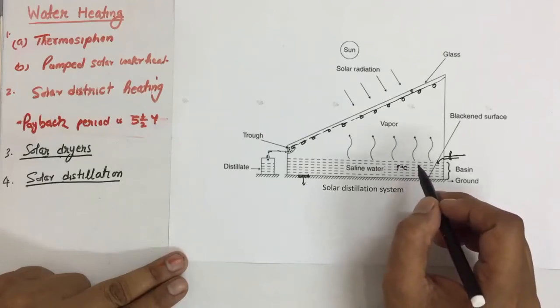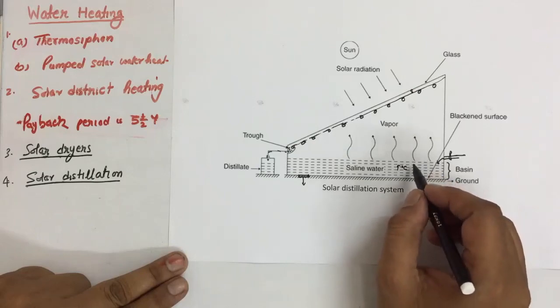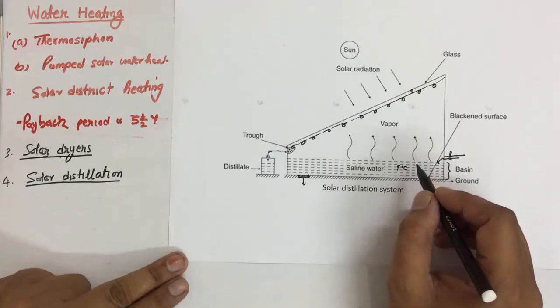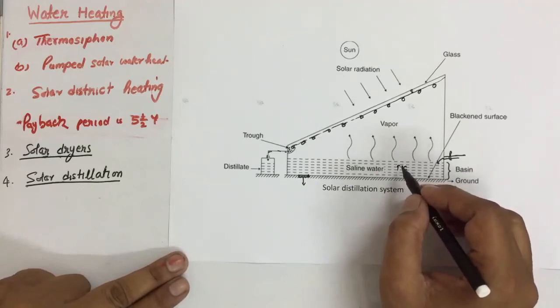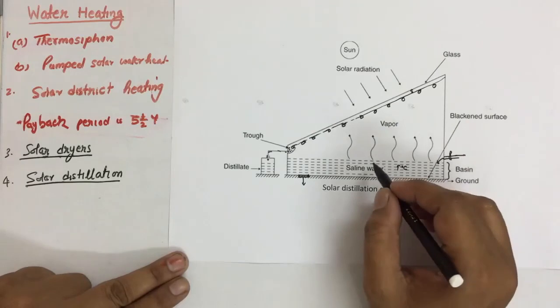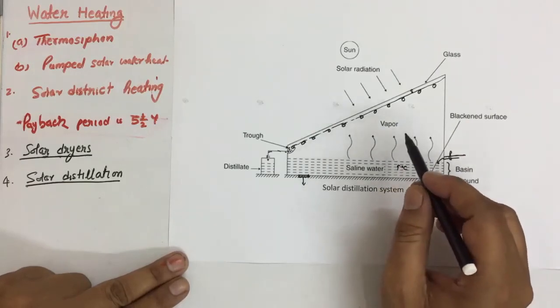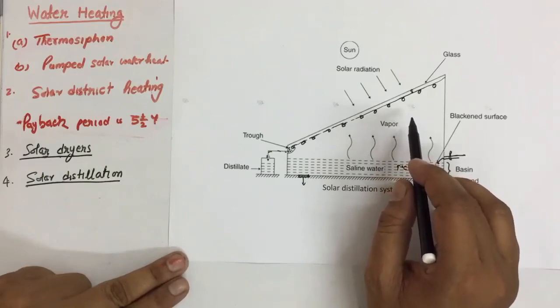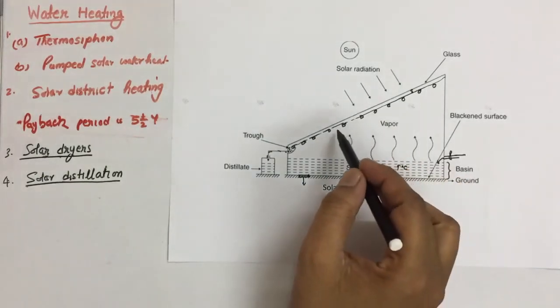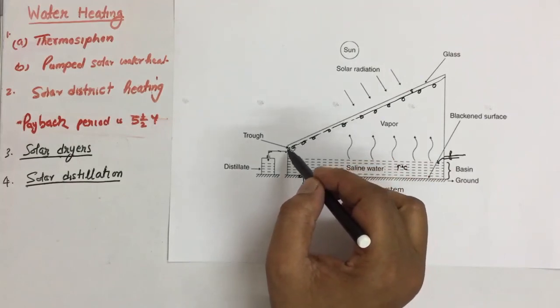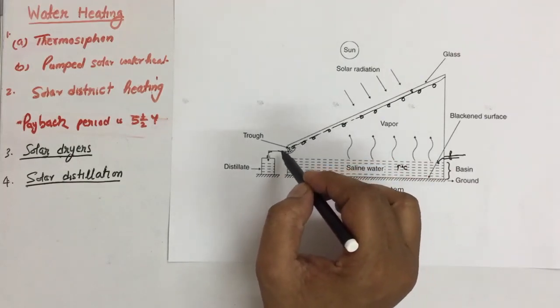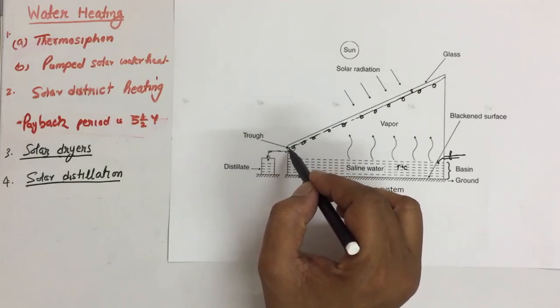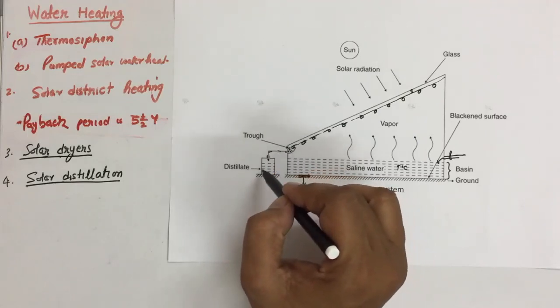And if the temperature increases, then the water starts to evaporate, and as the temperature increases, the evaporation rate increases, and the water vapor formed by evaporation rises up due to its natural tendency, and the condensed water vapor trickles down into a trough, and it is collected in the storage tank.